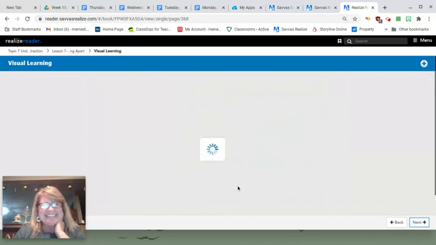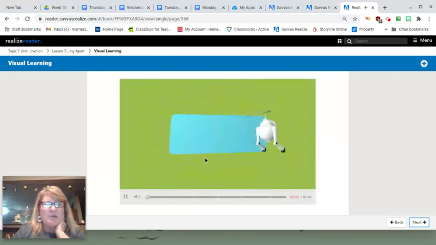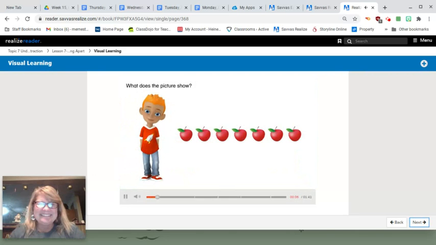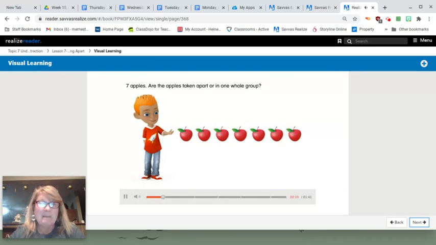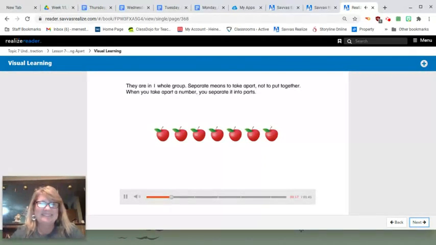What does the picture show? My blue light on my 7 glasses apples. just drives me Are the crazy. apples taken I need apart my glasses or to see. in one whole group? What does the picture show? They are in one whole group. Separate 7 means to apples. take apart, Are the apples not taken to put apart together. or in When you one take whole apart a group? number, They're in you one big separate it group. into parts. They are in one whole group. What has Separate happened means in the to take picture? apart, not to put together. You know that.